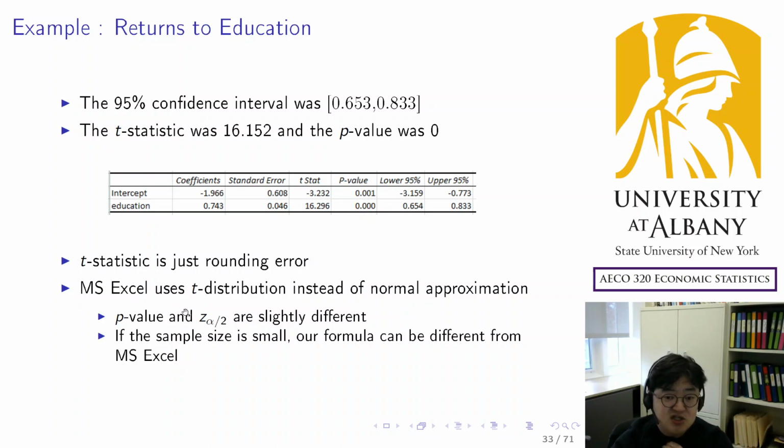The t distribution is not wrong, similar to the normal approximation, but normal approximation is more unified. So I recommend you understand the normal approximation first. Okay, so this is a replication of what Excel does.